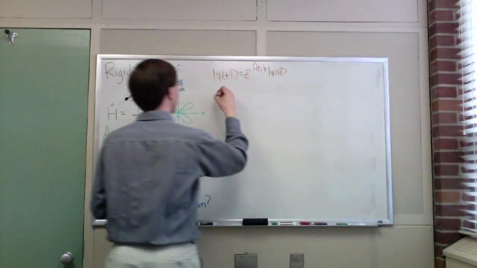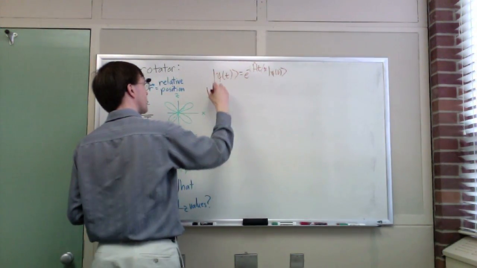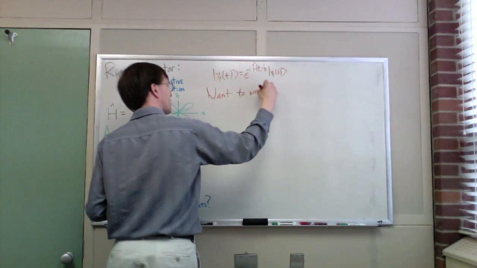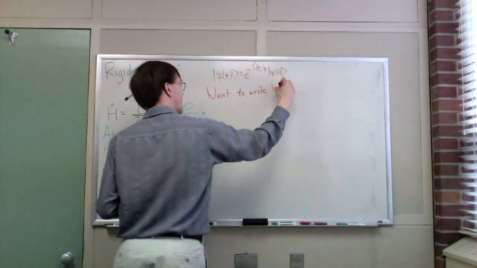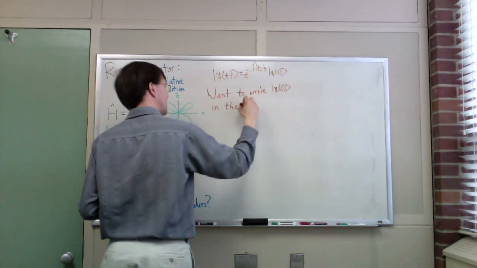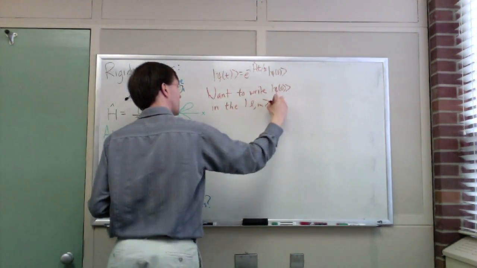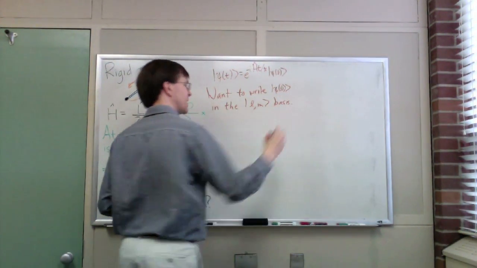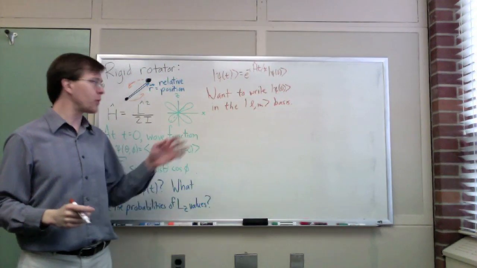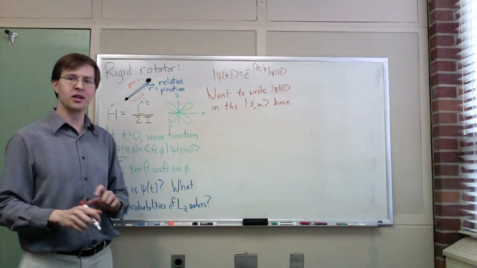And so we want to write psi of 0 in the L m basis, in the basis of angular momentum eigenstates. That's how we want to make progress on this thing.